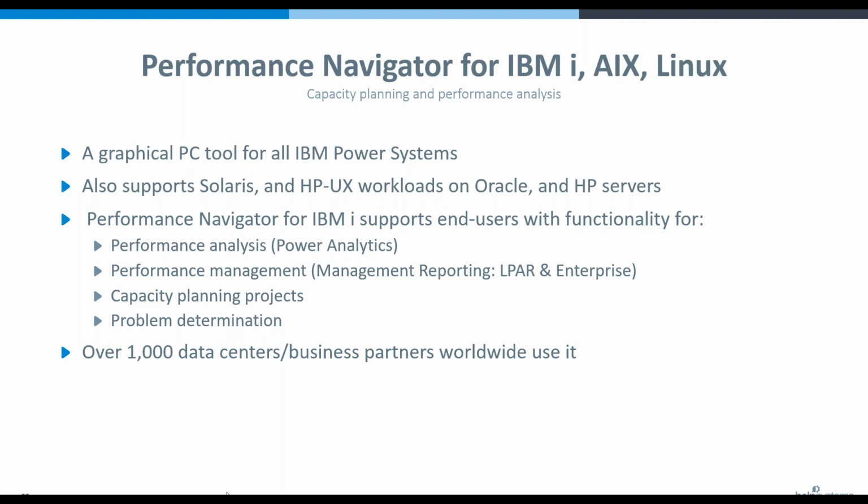When I talk about freely available data, I'm talking about Collection Services data that's running on IBM i, Nmon data that's running on AIX and VIOS, and the Linux machines, plus SAR data on Oracle, HP-UX, HP servers, Solaris. There's free data everywhere.